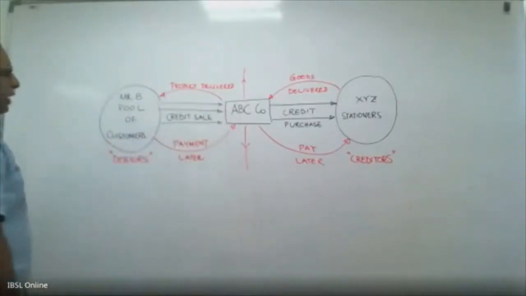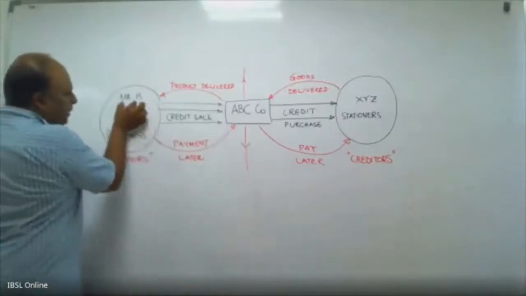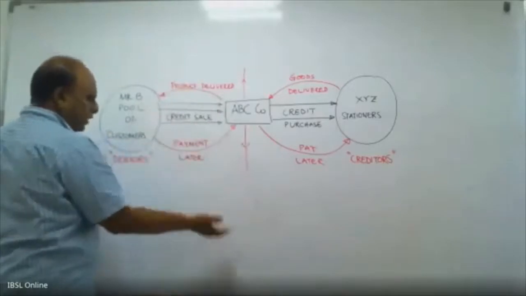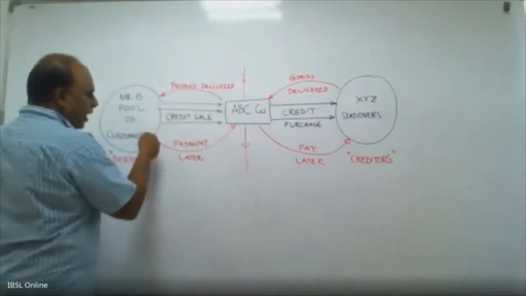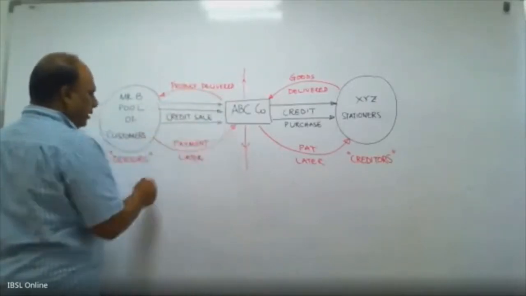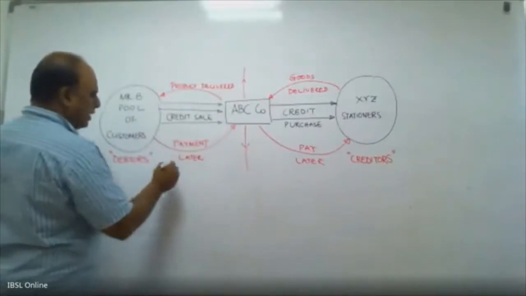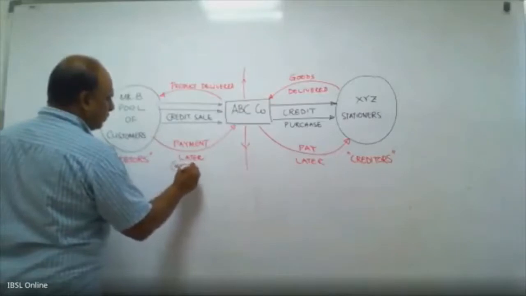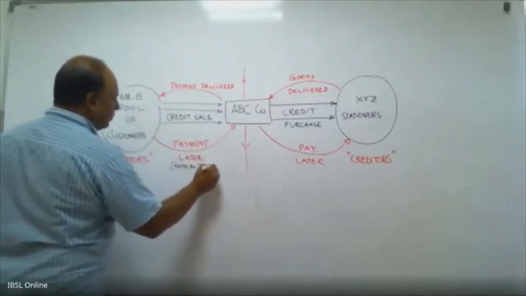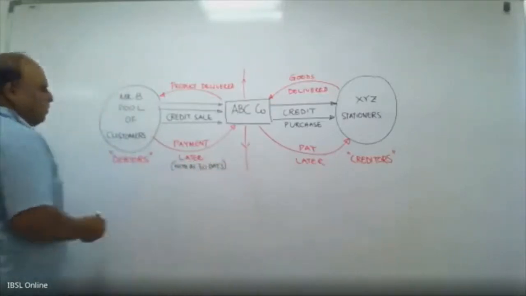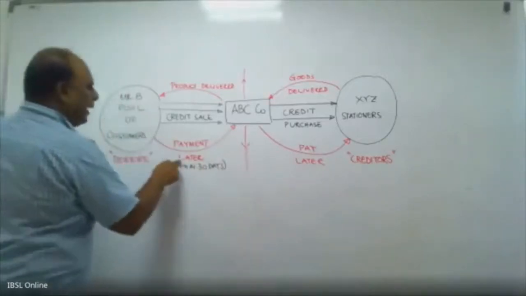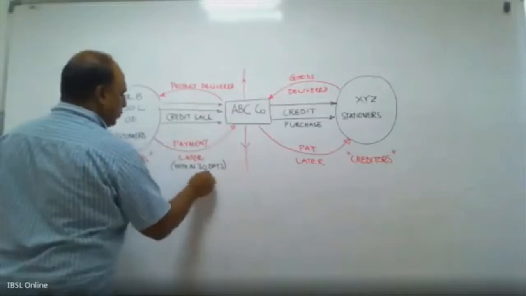So by doing that, what will happen? Mr. B will receive the goods from ABC company now itself, and he will pay later. Let's say within, just for example, 30 days. So you receive the goods today, but Mr. B will pay ABC company in 30 days from now.